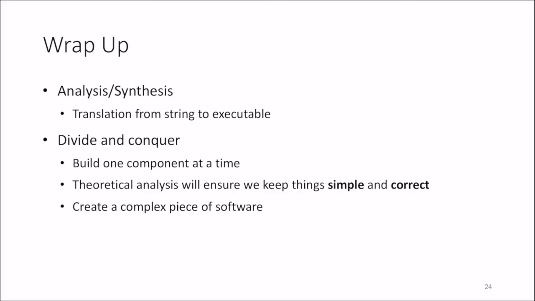Okay, so finally, to wrap up, what we saw in this lecture is how we can analyze a program and convert it to an executable, and all of the stages that happen in between. Each of those stages is what we're going to cover in great detail in the rest of the course. And the key idea here is divide and conquer.